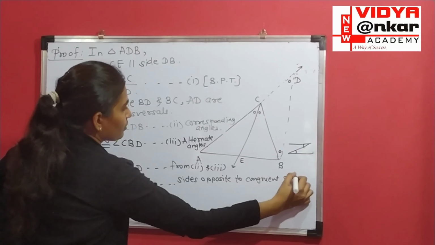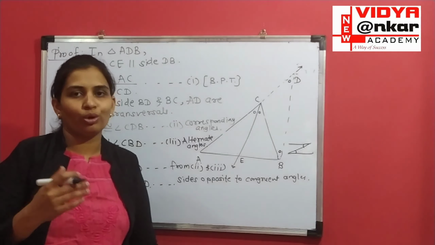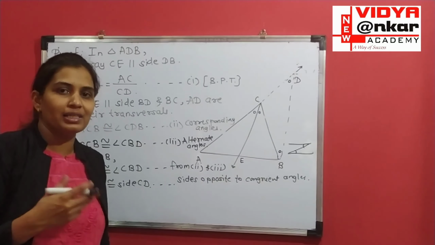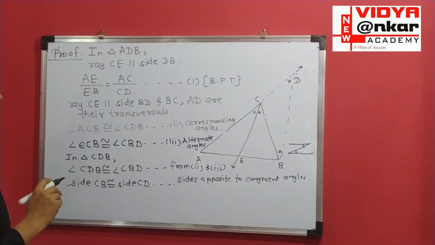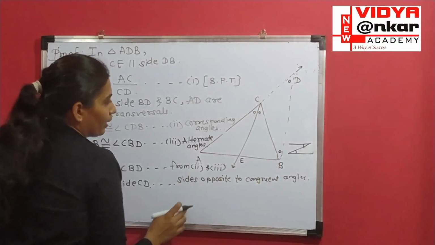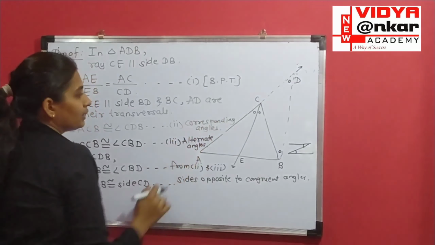We know the property that sides opposite to congruent angles are congruent and angles opposite to congruent sides are also congruent. So students, in this triangle we can substitute CB instead of CD.